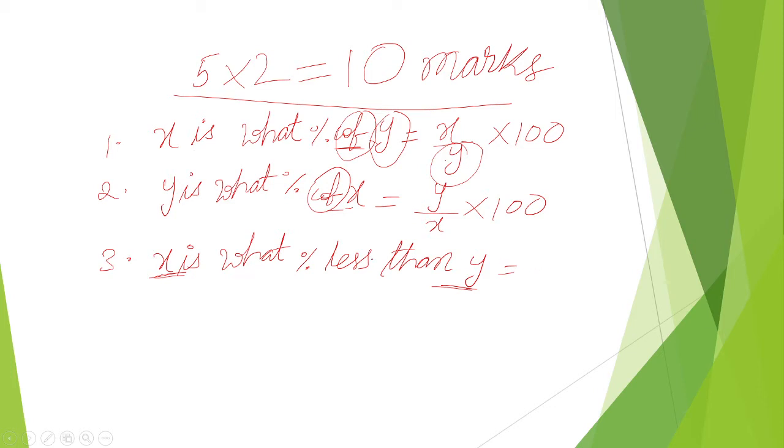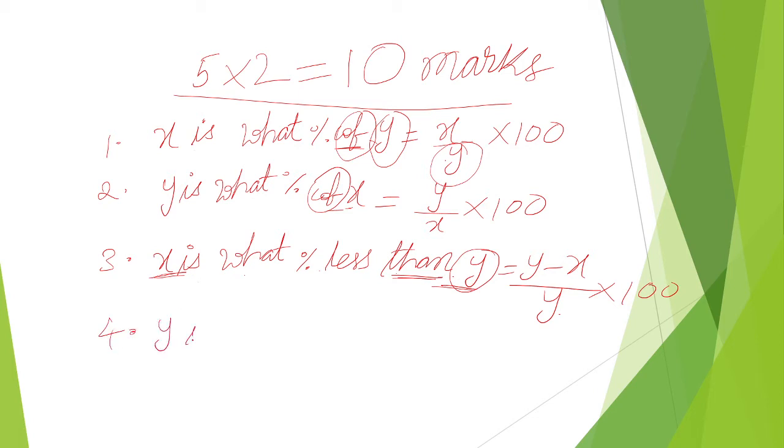That means y minus x by y, because whatever comes after "than" will come under the denominator. So x is what percent less than y is y minus x by y into 100.